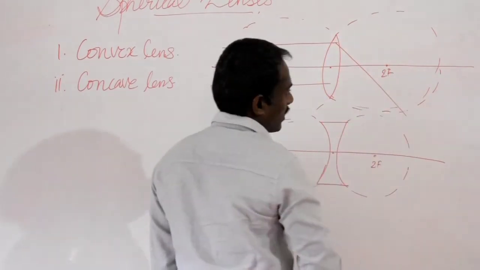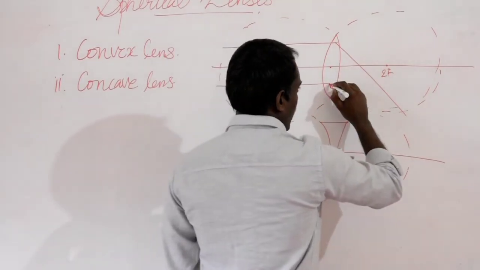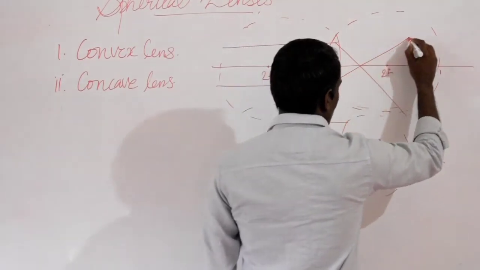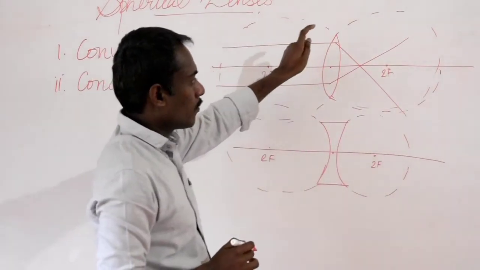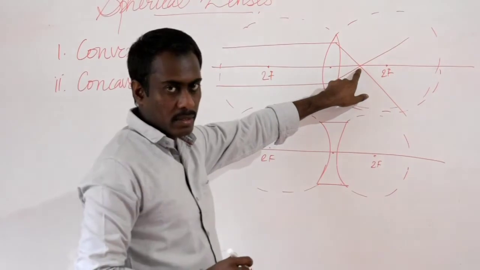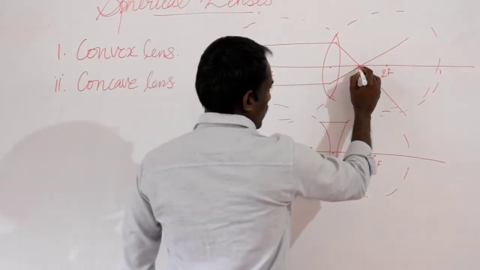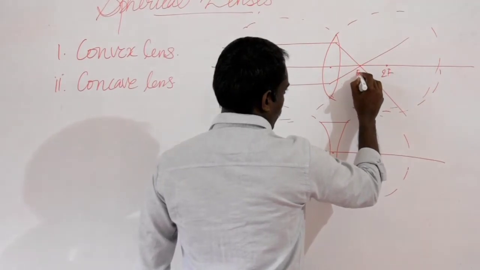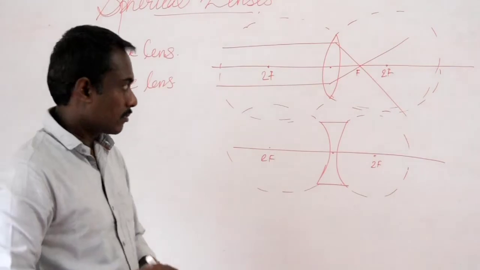The lens bends the light so that any ray parallel to the principal axis focuses on a point on the principal axis, and this point is known as F, the principal focus of the lens.